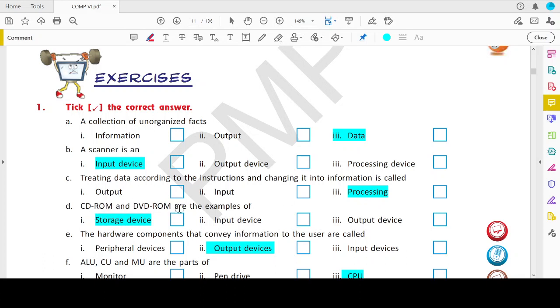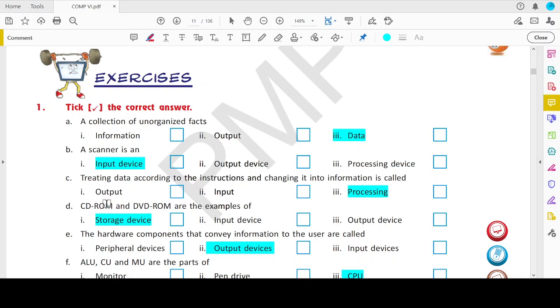CD-ROM and DVD-ROM are examples of storage device, input device, or output device. They have said CD-ROM and DVD-ROM. They have not said CD-ROM drive or DVD-ROM drive, right?